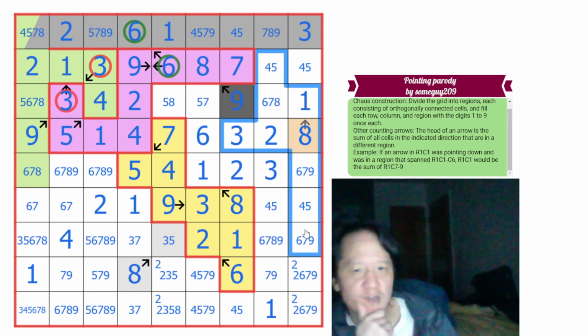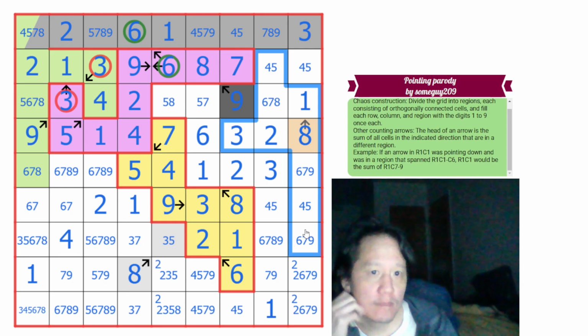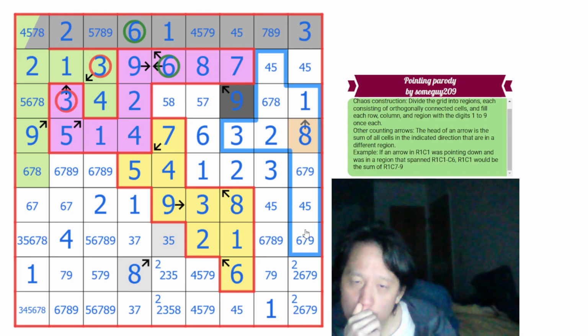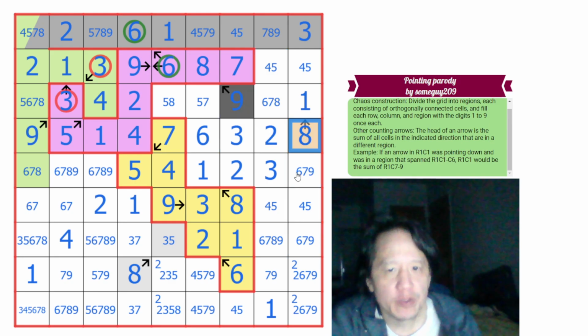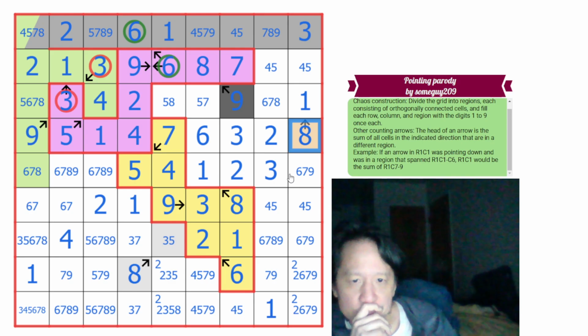So that is possible. So again, the dark gray could be the same as orange. We don't know.